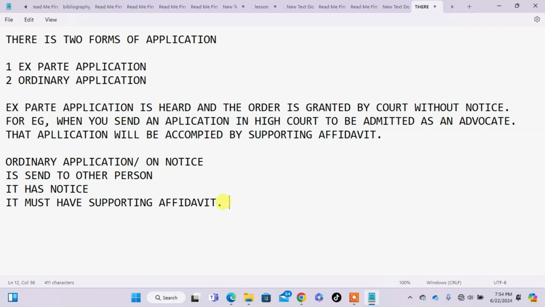If it is not opposed, then it's good. The court will hear it because there is a notice.